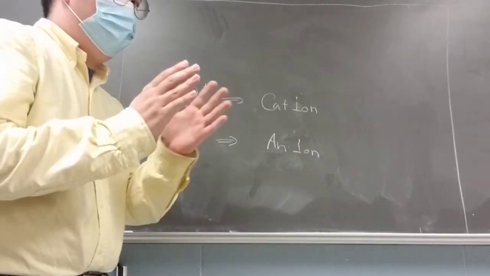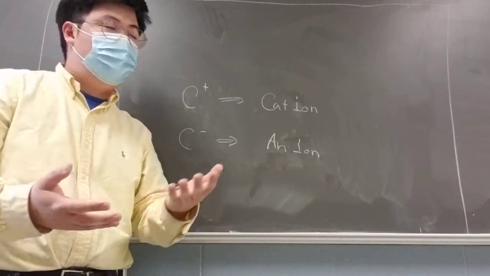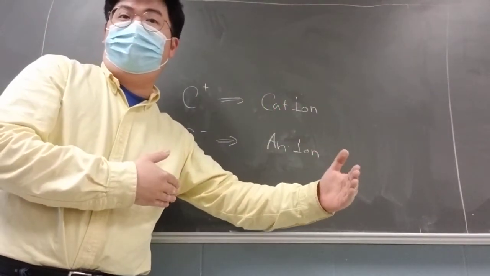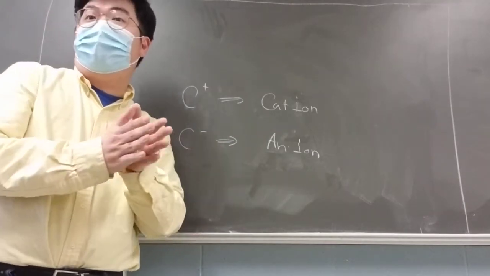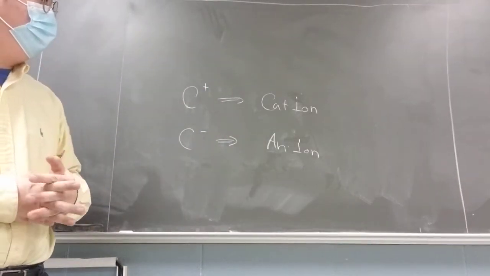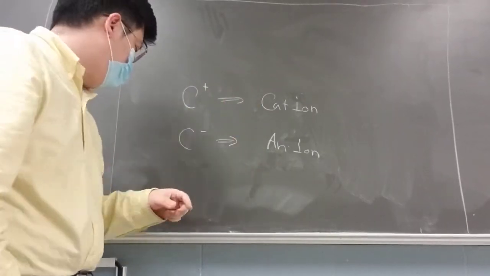Once again, anything that has a formal charge, a plus or minus, we can call an ion. If it's positive, you can be more specific about that type of ion: that's a cation. If it has a negative charge, you can call it an anion. So you get more information from the name of the elements or compounds, indicating if it's positively or negatively charged.